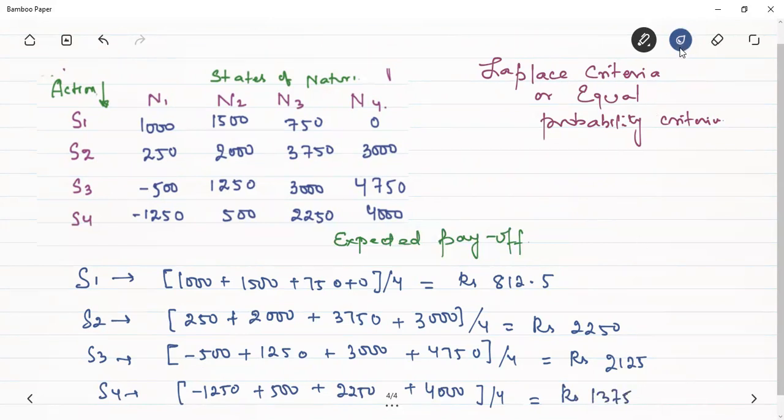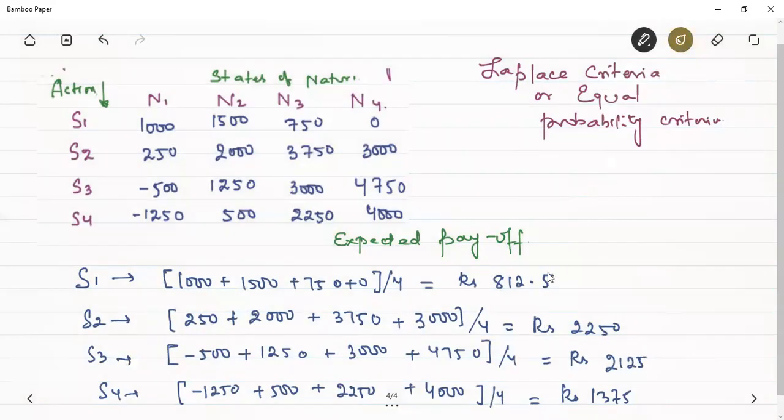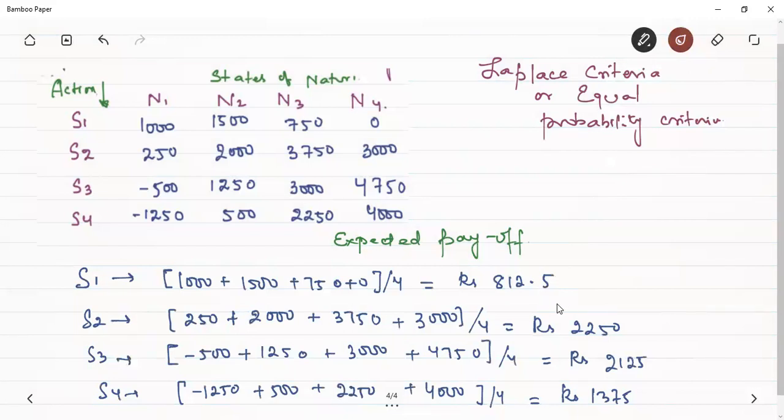So now, had this been a payoff or profit matrix, then as per the Laplace criteria, the optimal course of action would have been the one having the maximum expected payoff. So this will be for what we call the profit matrix or payoff matrix.